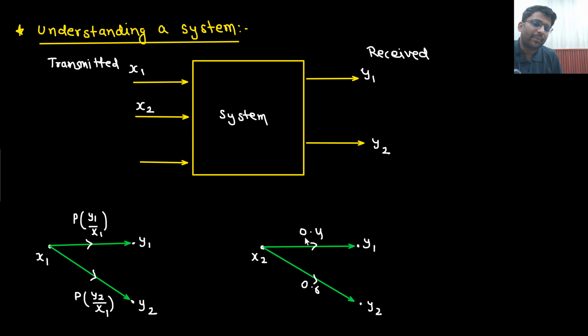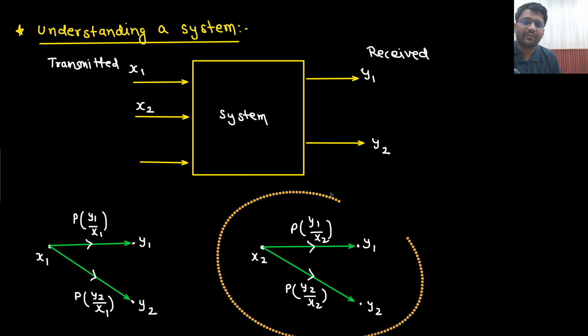What does that mean? Probability of receiving y1 given that x2 was transmitted is 0.4. Probability of receiving y2 given that x2 was transmitted is 0.6. So here on the arrow what will I write down? Probability of receiving y1 given that x2 was transmitted, probability of receiving y2 given that x2 was transmitted.